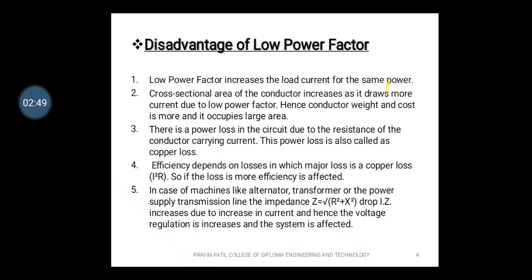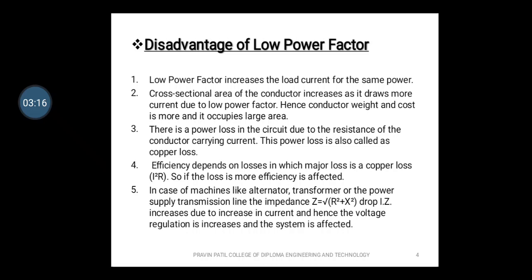Now we are going to study the disadvantages of low power factor. As we know, in an AC circuit, P is equal to VI cos phi. Low power factor increases the load current for the same power. Low power factor increases the cross sectional area of the conductor.